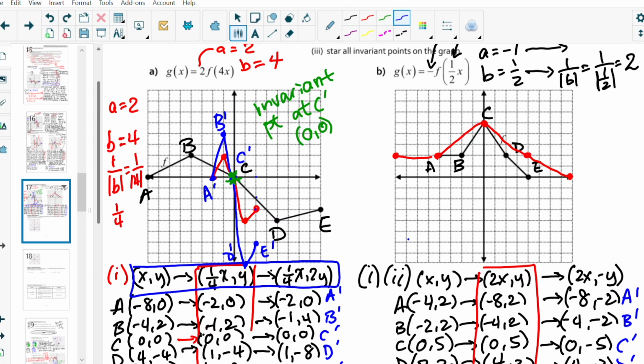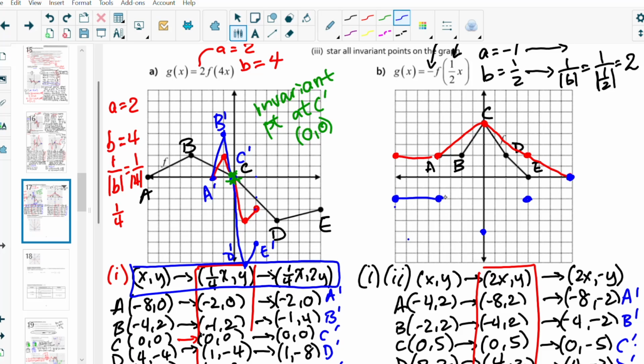Okay, A prime, (-8, -2), right there. (-4, -2), (0, -5), (4, -2), and then it looks like we have an invariant there at (8, 0).